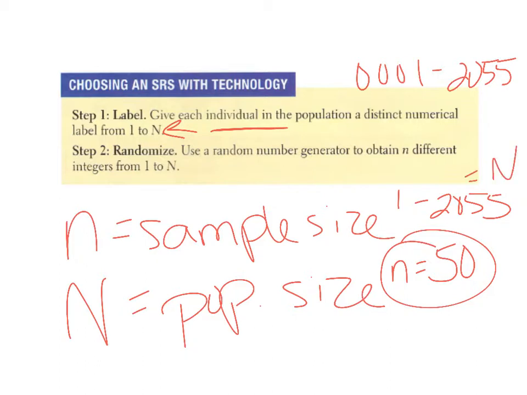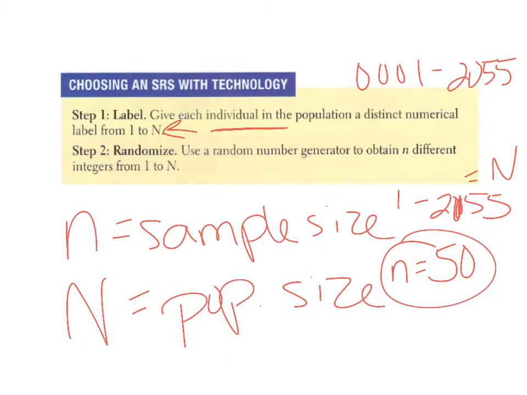Again, notation is extremely important here. You are going to need to get a handle on this notation. Capital N is our population size and lowercase n is our sample size. Remember, your sample should be representative of your population.